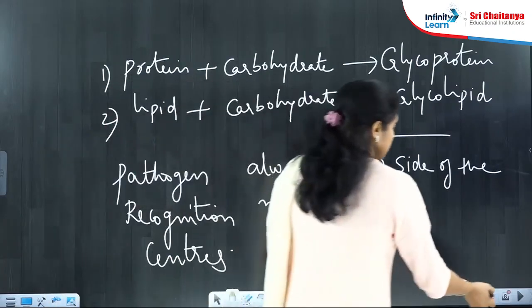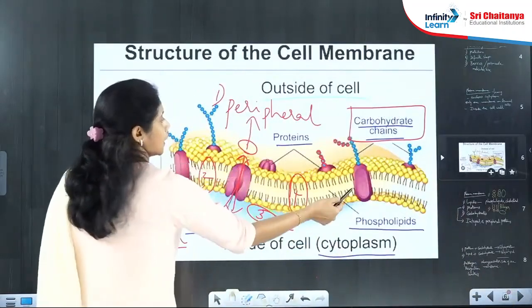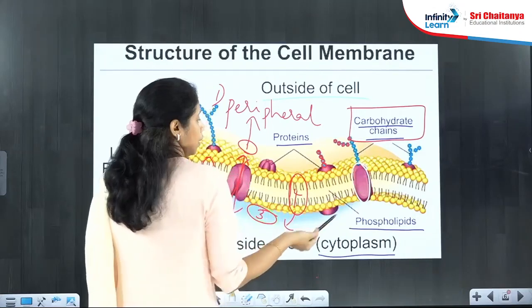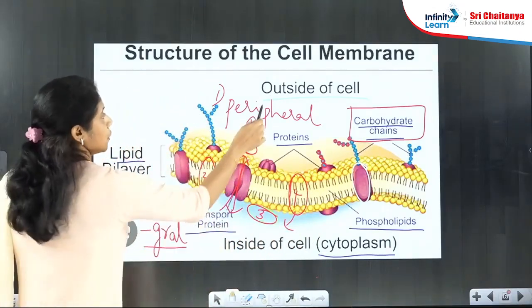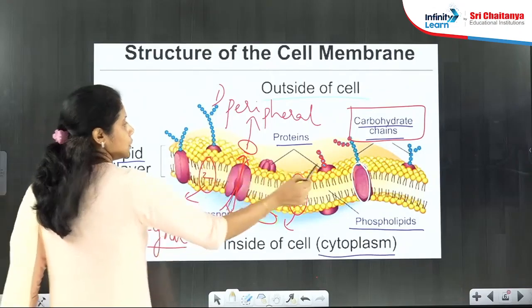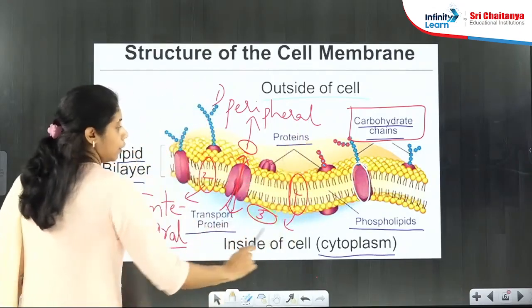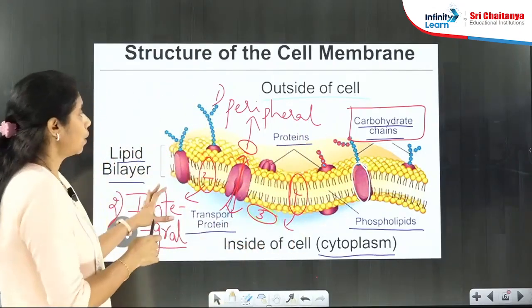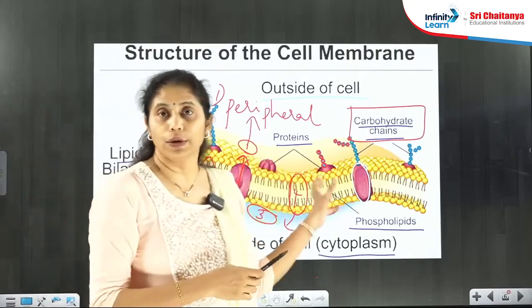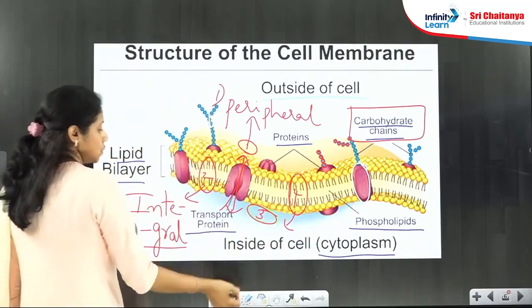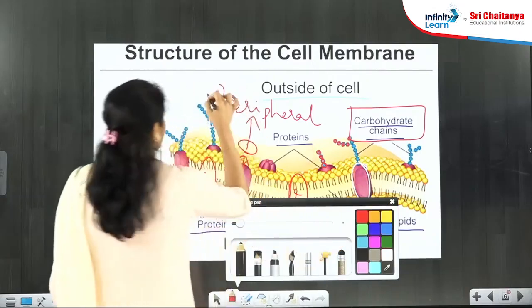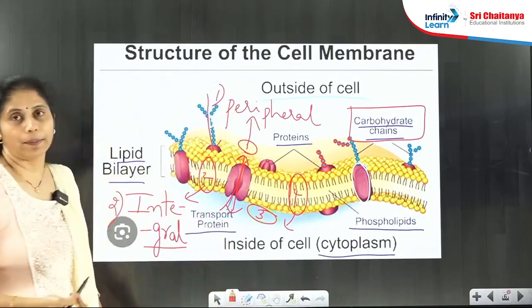So you can see in this, a carbohydrate chain is attached to this protein. A carbohydrate chain is attached to the phospholipid bilayer, only on the outer side. You can see this is the outer side, only blue chains are given on the outer side, never on the inside, because this will allow the entry of the pathogens through them.